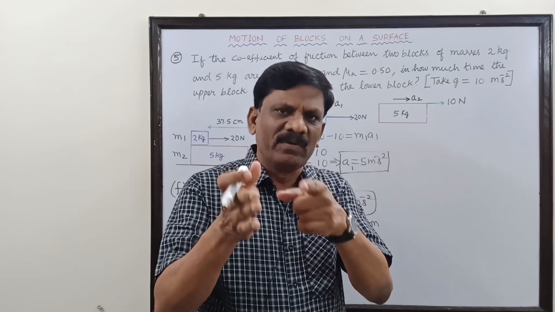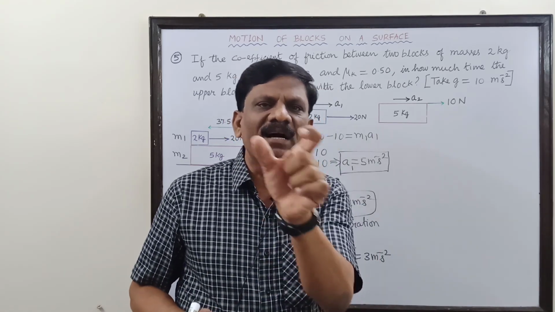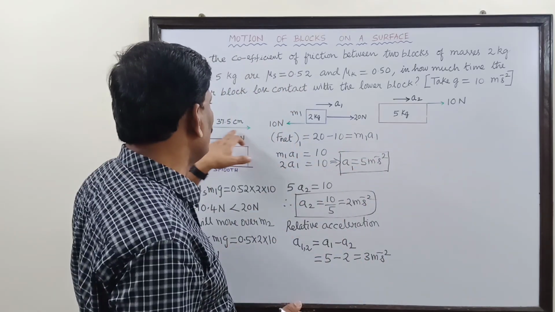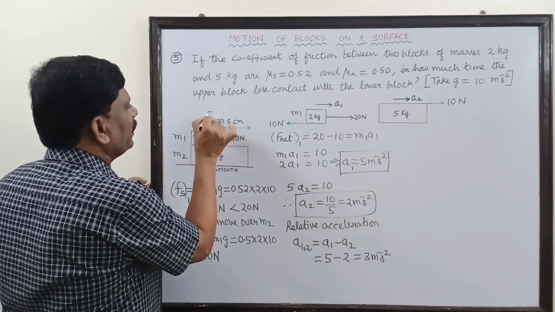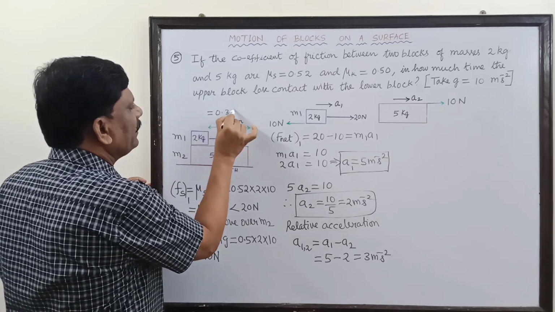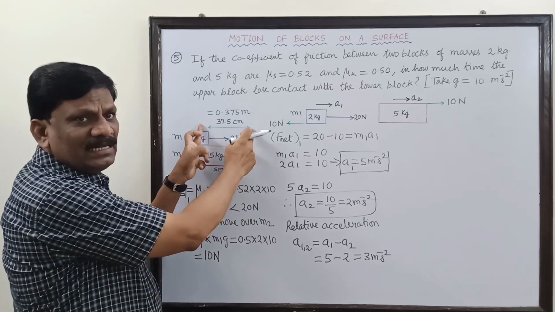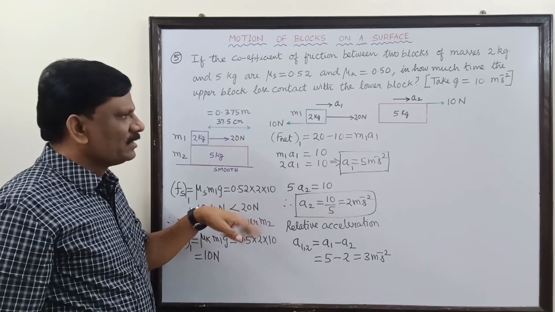With this relative acceleration, the first mass of 2 kg is sliding over a distance equal to 37.5 centimeters, which is also equal to 0.375 meter. So this much distance the first mass is going to cover before falling. See, what is the question?